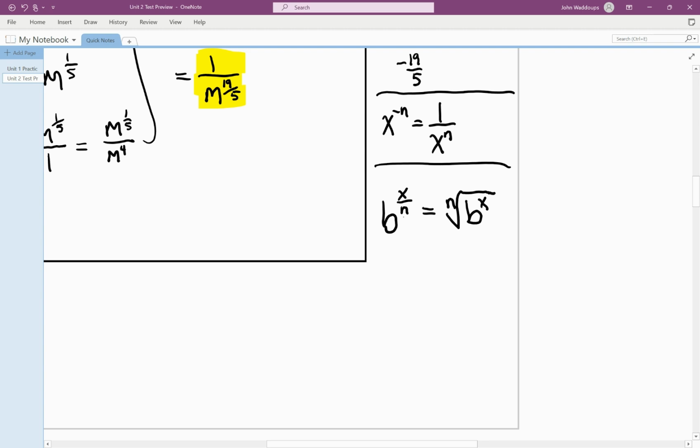The top number x becomes the exponent on the radicand, and the n, the bottom number, is the index of that radical.